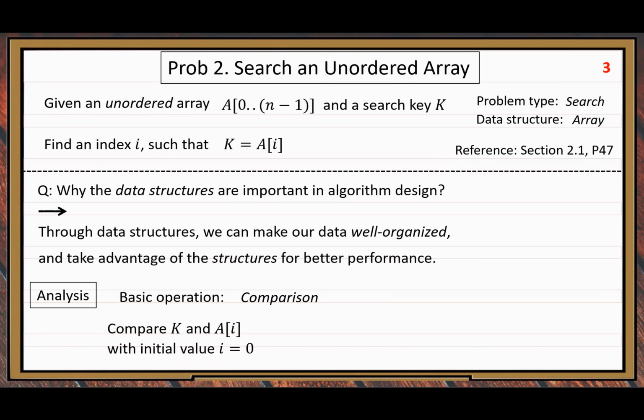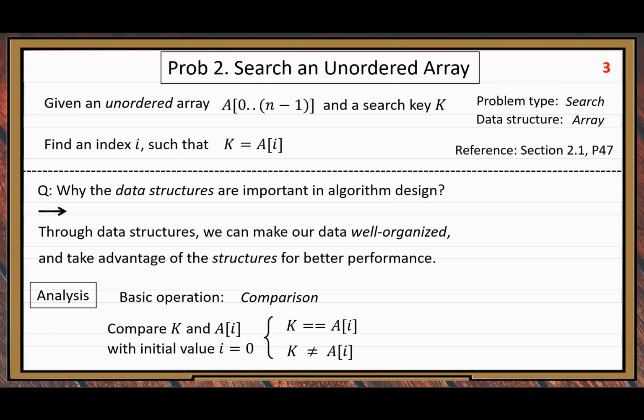We start with initial position i equals 0. If K equals A[i] and K not equal A[i], we only have these two cases. If K equals A[i], we're done because we found the answer, index i.